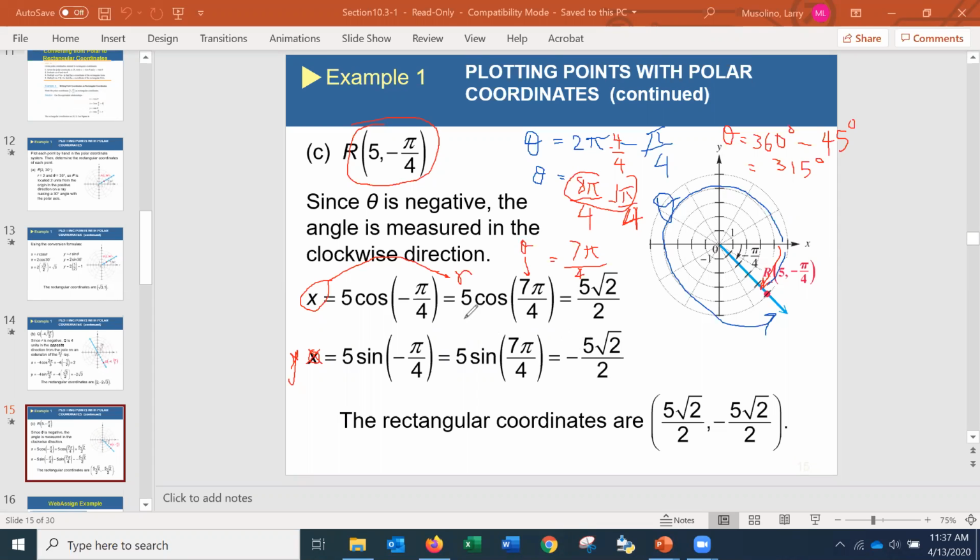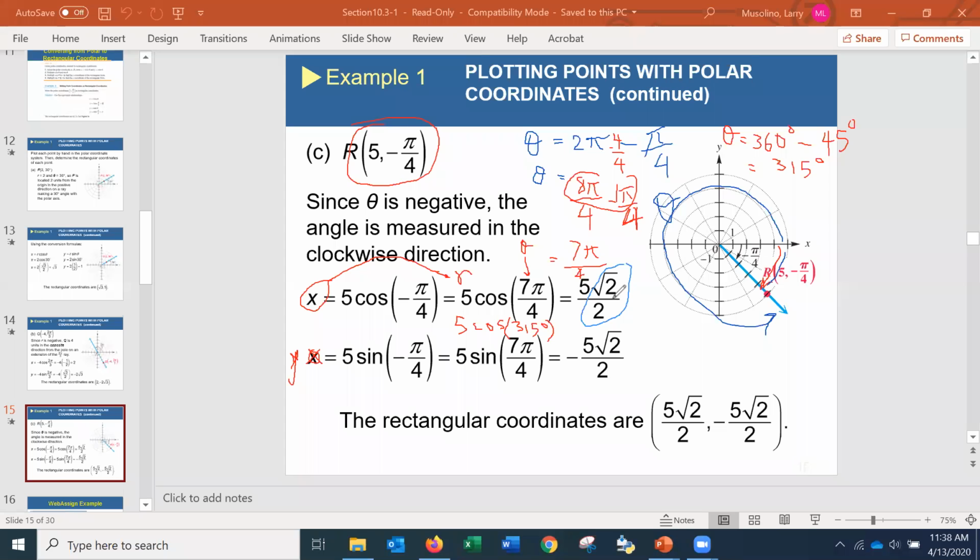Of course, I could write this as 5 cosine 315 degrees if I wanted to. And if you go to the unit circle and look up cosine of 315 or cosine of 7 pi over 4, you'll see the cosine is square root of 2 over 2.